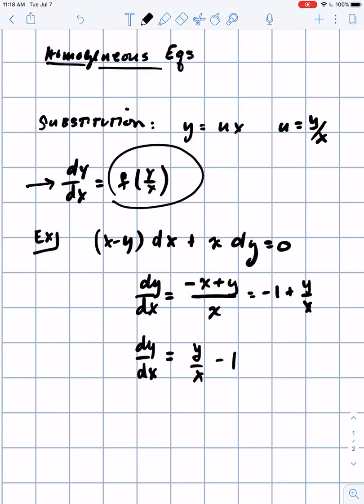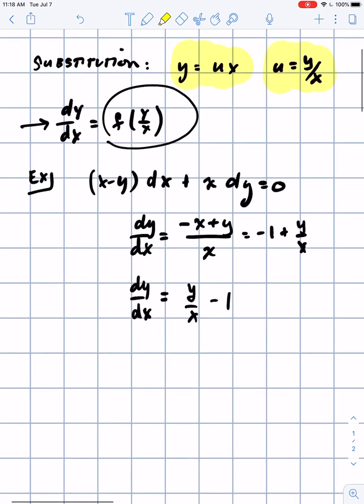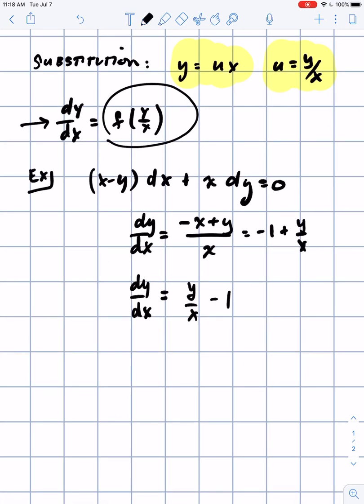So from there I want to use these two things. Well, it's one equation just written a different way. Right now on my right side I have u minus 1 based on that equation because it's y over x. Now if I'm doing the substitution with u, I have to have u in the problem.